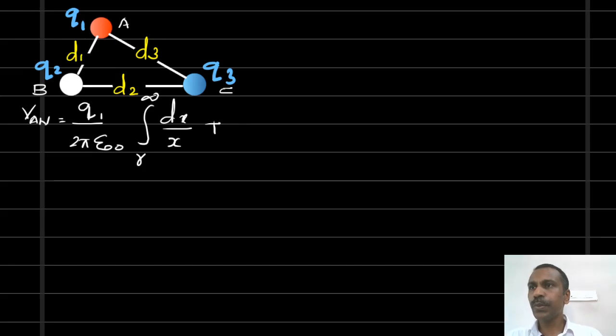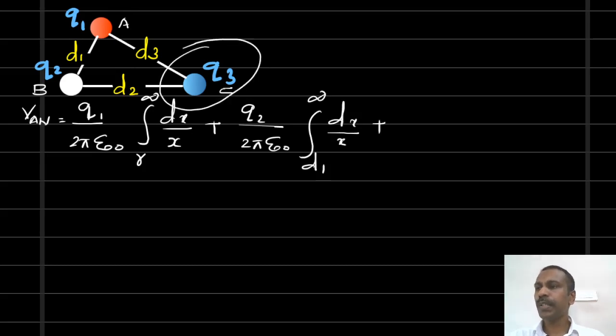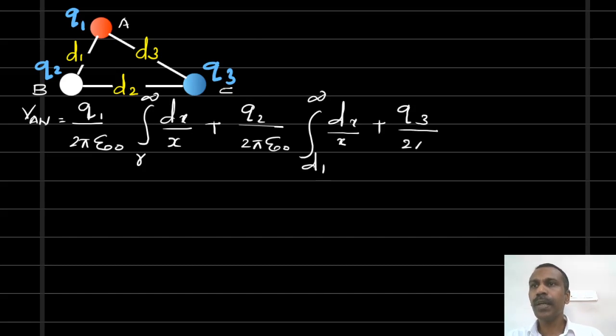Here the charge is Q2, that is Q2 divided by 2 pi epsilon 0. Here the distance is d1, that is d1 to infinity dx by x. Now what is the potential due to the third conductor? Here the charge is Q3 divided by 2 pi epsilon 0 into the distance d3 to infinity dx by x.